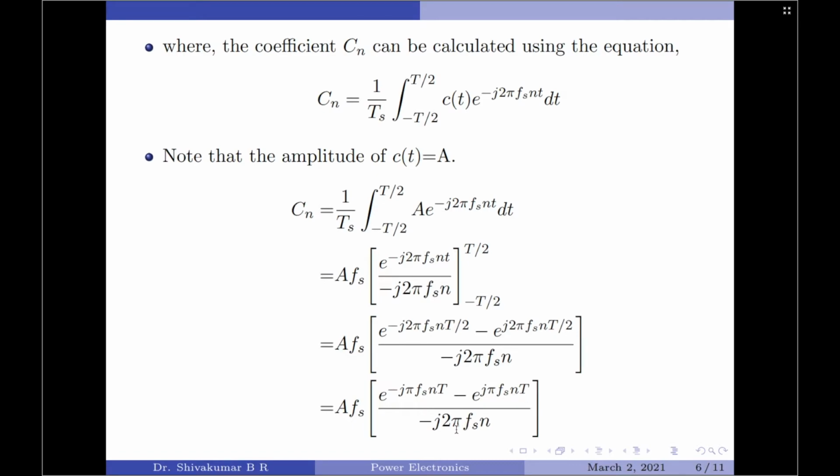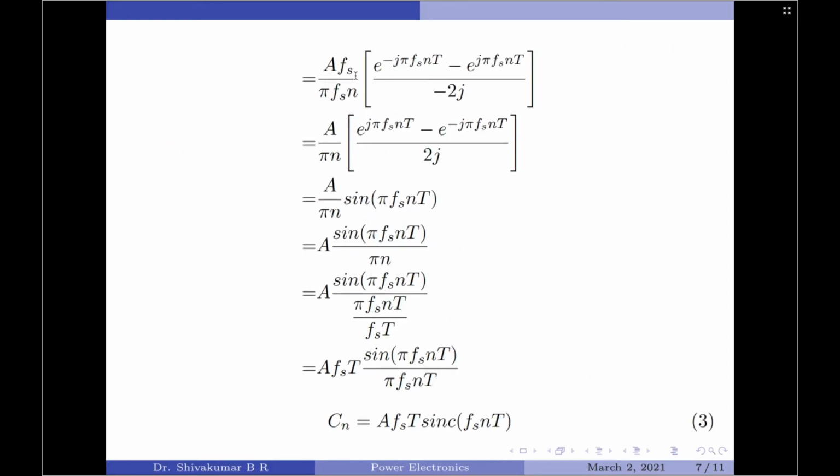In my next step, I will take pi fs and n towards the denominator of A into fs. This is done here. So, A into fs divided by pi fs n into e to the power of minus j pi fs n T minus e to the power of plus j pi fs n T, whole divided by minus 2j. Now, let us take this minus symbol to the numerator.